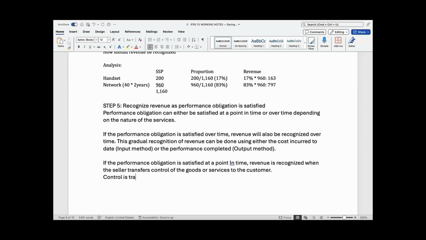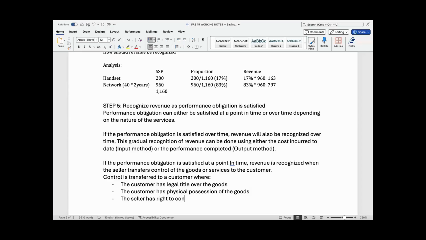And control is transferred to the customer where the customer has legal title over the goods, the customer has physical possession of the goods, the seller has rights to consideration, and more like that.